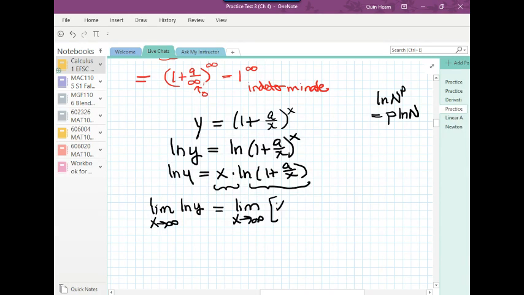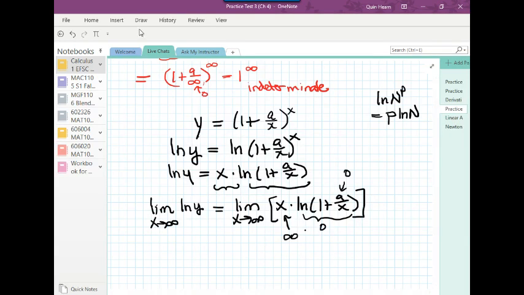So we can bring that power out front. So what we're going to have is that the natural log of y is equal to x times the natural log of 1 plus a over x. Okay, so this changes the form a lot.